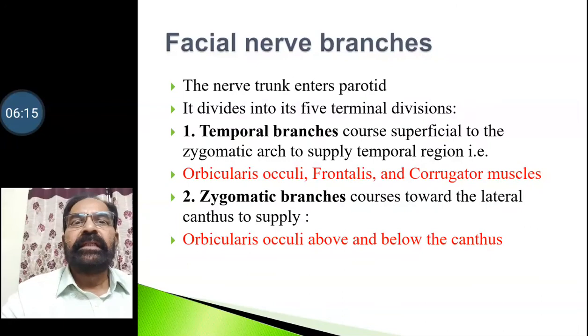So that is, they supply orbicularis oculi, frontalis muscle and corrugator supercilii muscles. Then second one is zygomatic branches, and zygomatic branches course towards lateral canthus of the eye to supply orbicularis oculi above and below the canthus.